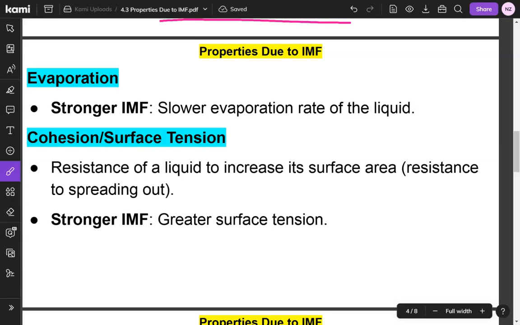If you take the container and you invert it, you'll see a bubble go from the bottom of the container to the top, but it moves very slowly compared to something else, like a water bottle, for example. If you invert it, the bubble inside the container moves pretty quick. If something has stronger intermolecular forces, it's going to have a higher resistance to moving, and therefore it will have a greater surface tension.